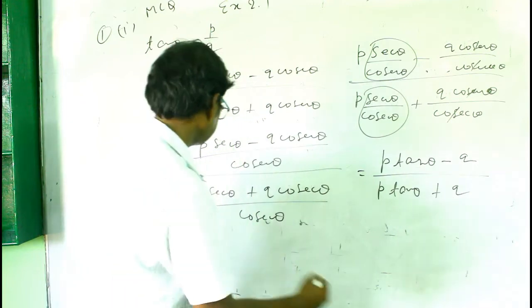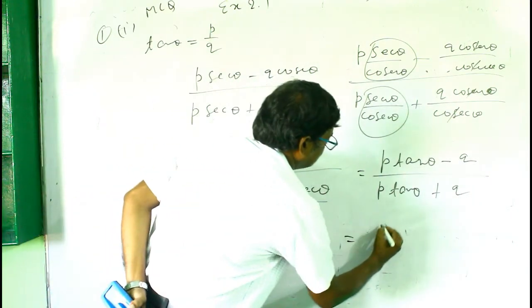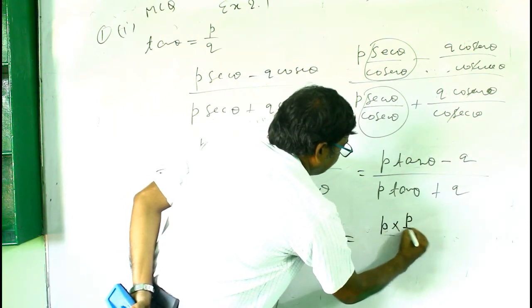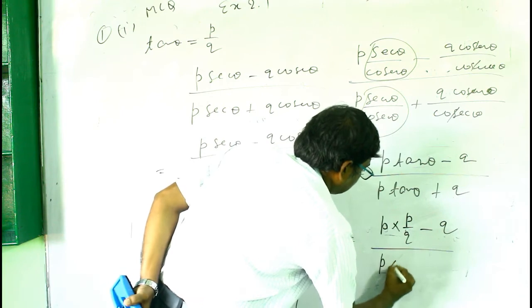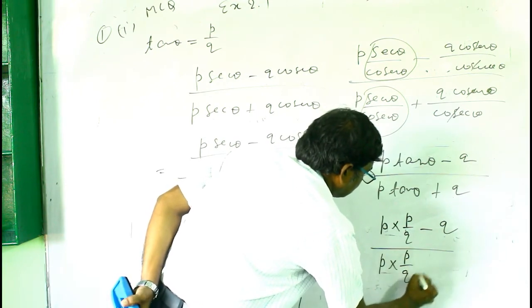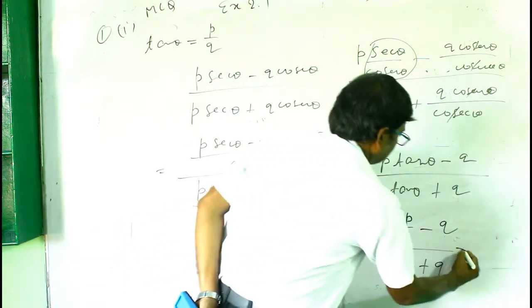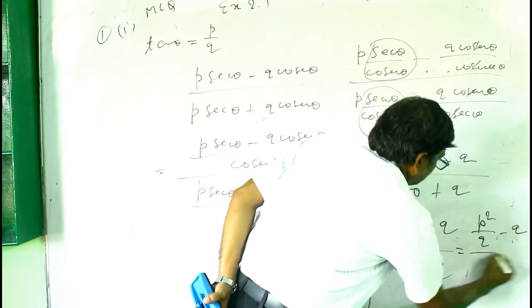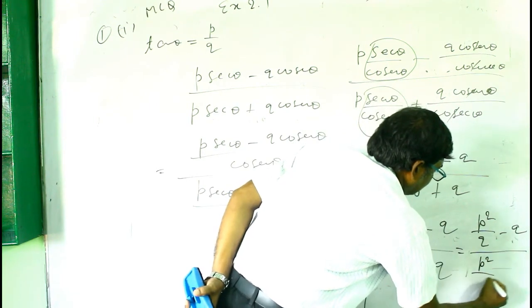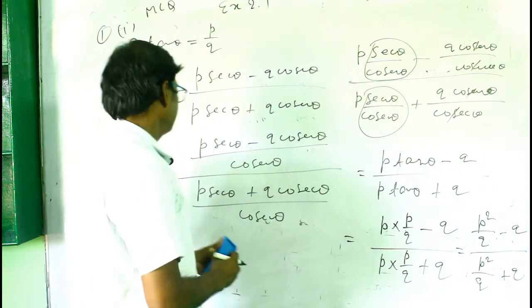Then here p into p by q minus q by p into p by q plus q. Okay, now it is p square by q minus q by p square by q plus q. Okay, now what is next?